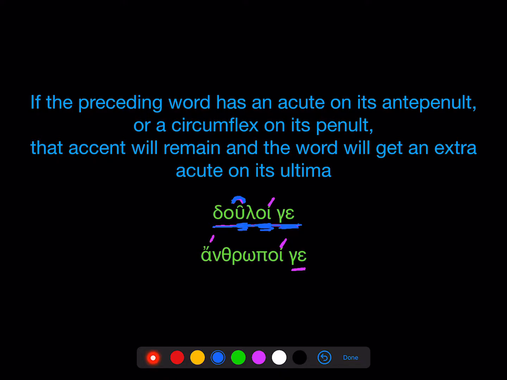And that violates the basic rules for accentuation. Circumflexes can't appear that far back in a word, and so we add another accent. So too, if you imagine anthrōpoi with an acute on its antepenult, when you add this extra syllable there, now the acute is on the fourth syllable from the end, and that's too far back, so we add another acute there.